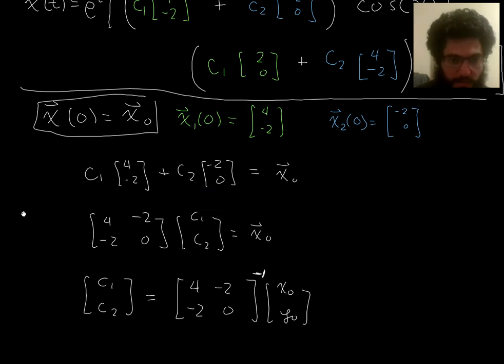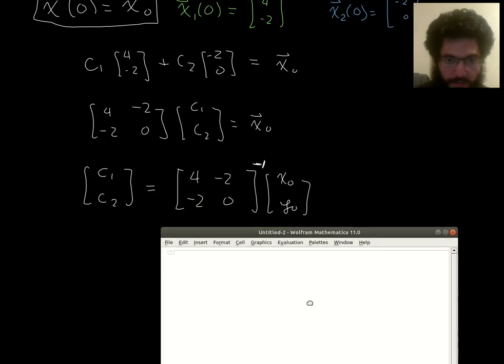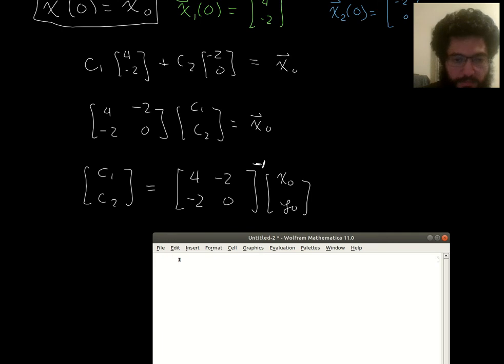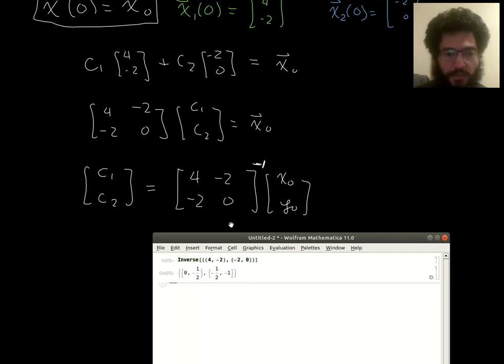All right, well, you can do this with Mathematica or with Wolfram Alpha. Just ask it for the inverse. You can basically just type what I'm typing here in Wolfram Alpha. That should work. Just ask for the inverse of this matrix here, 4, negative 2, negative 2, 0. And it looks like it's that.